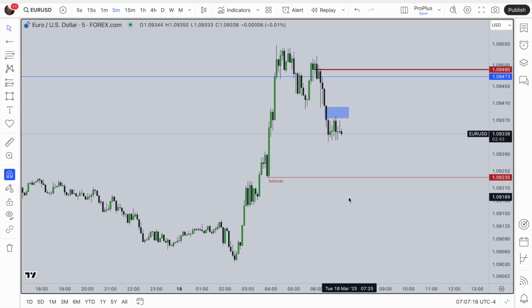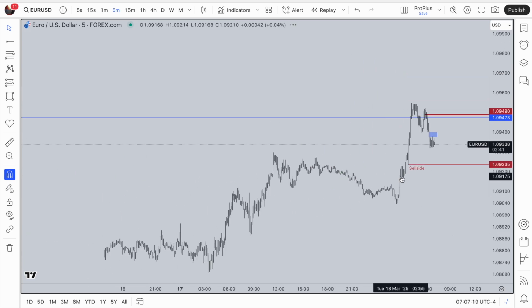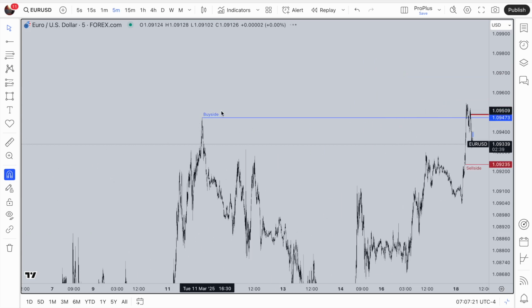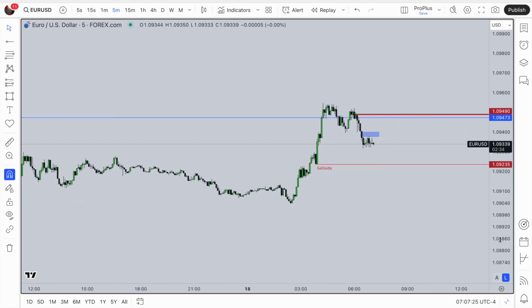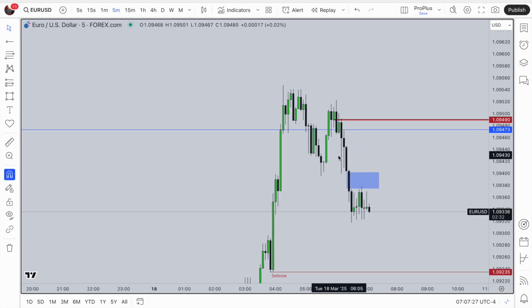Oh yeah, I haven't even explained why. So look to the left. Buy side's been taken here. Okay, so we've had buy side taken. Euro dropped lower, pulled up, took out buy side there, pulled lower, bearish order block here, respected that, and now we're waiting for CB, which is there.